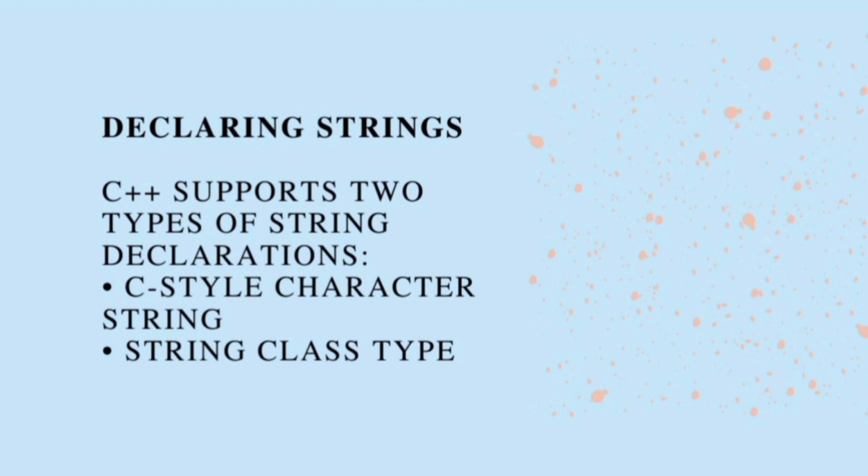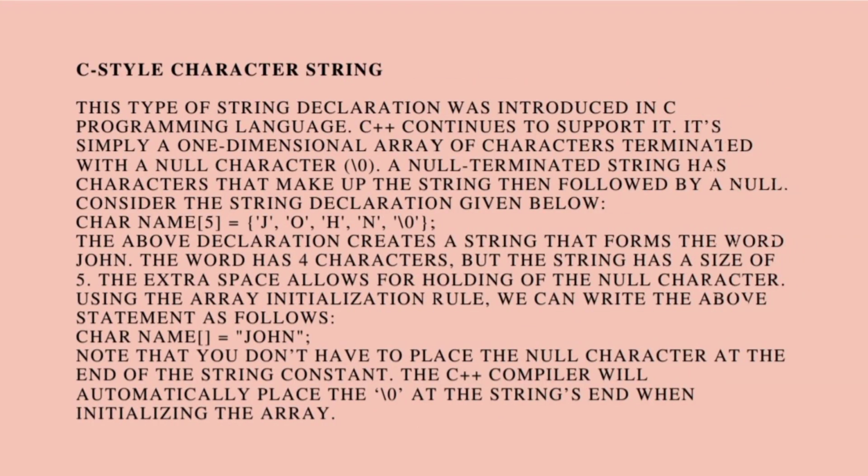Declaring strings. C++ supports two types of string declarations: C-style character string, and string class type. C-style character string. This type of string declaration was introduced in the C programming language.